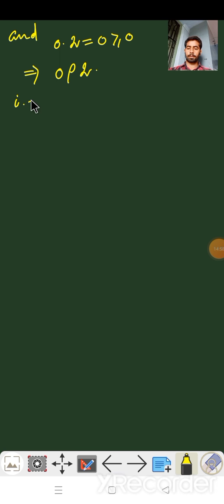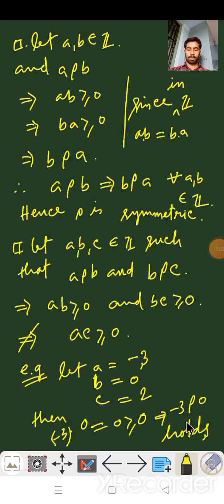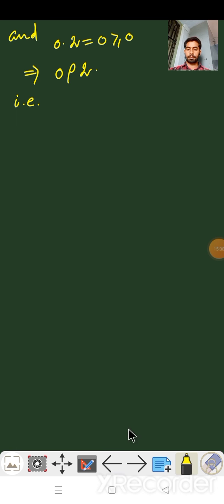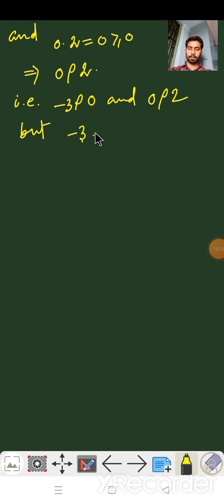That is, we have seen that -3 is related to 0, and 0 is related to 2, but -3 times 2 equals -6, which is less than 0.